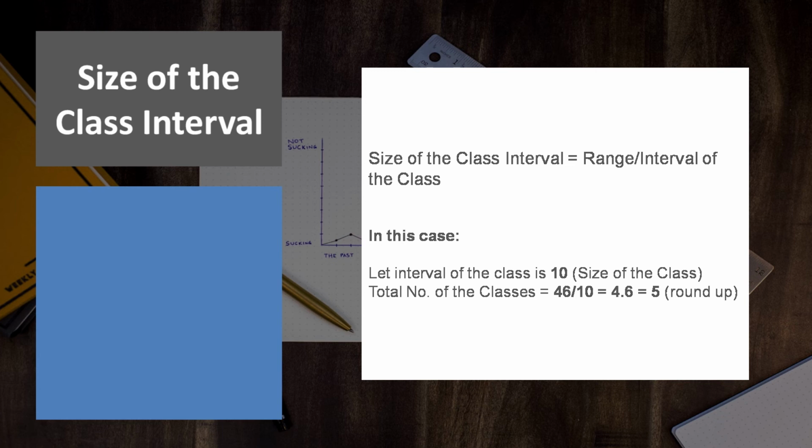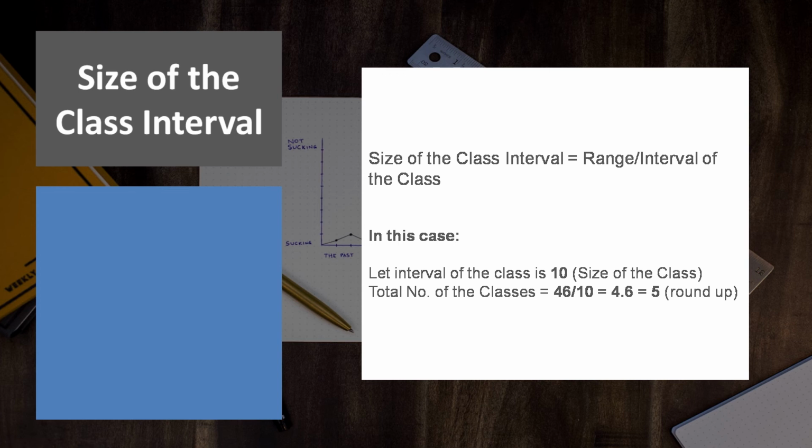In the present example, range is 46. So you have to divide 46 by the interval of the class, which you have to decide. In this case, let the interval of the class be 10. You can also make it 5, but as an example, let the size of the class be 10.